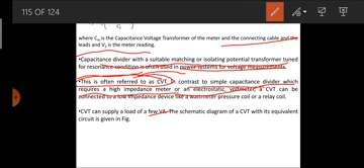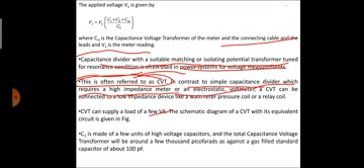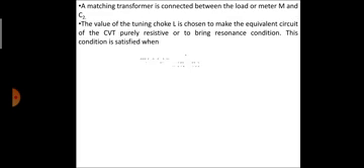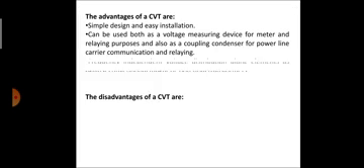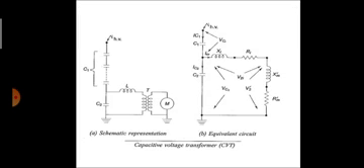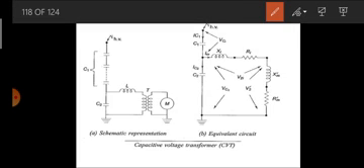I'll show you the figure. This is the figure of a capacitance voltage transformer and its equivalent circuit. You can see here I have C1, which is made up of a few units of high voltage capacitors.